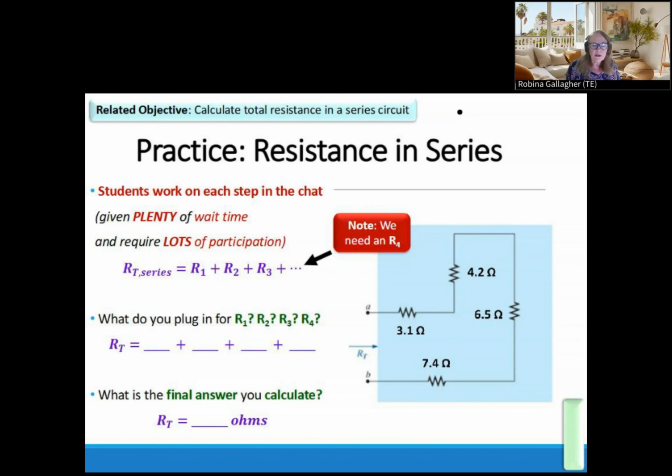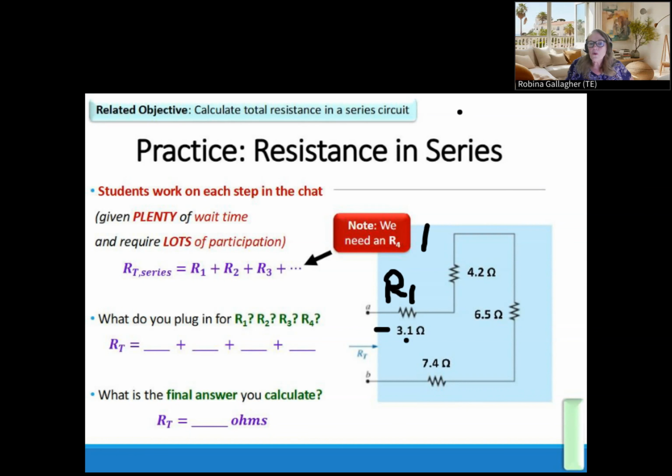My Wacom just died. Okay, so here is 3.1, and this is going to be resistor 1. It doesn't matter when I add things up what the order or sequence is, I could call this resistor 4 if I wanted to.